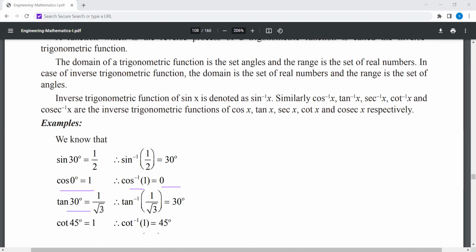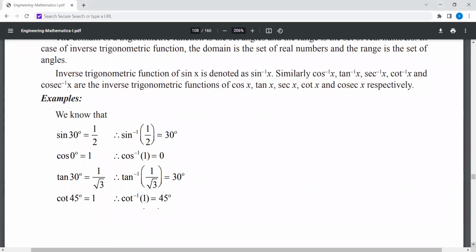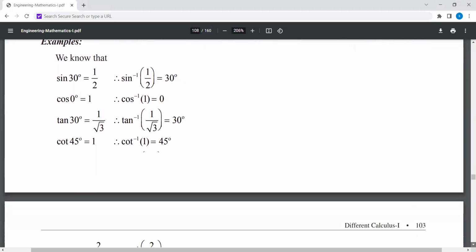Tan 30 degrees is 1 by root 3. Tan inverse of 1 by root 3 is 30 degrees. Cot 45 degrees is 1. Cot inverse of 1 is the angle 45 degrees. This is the formula relating trigonometric ratios and inverse trigonometric functions. Next.